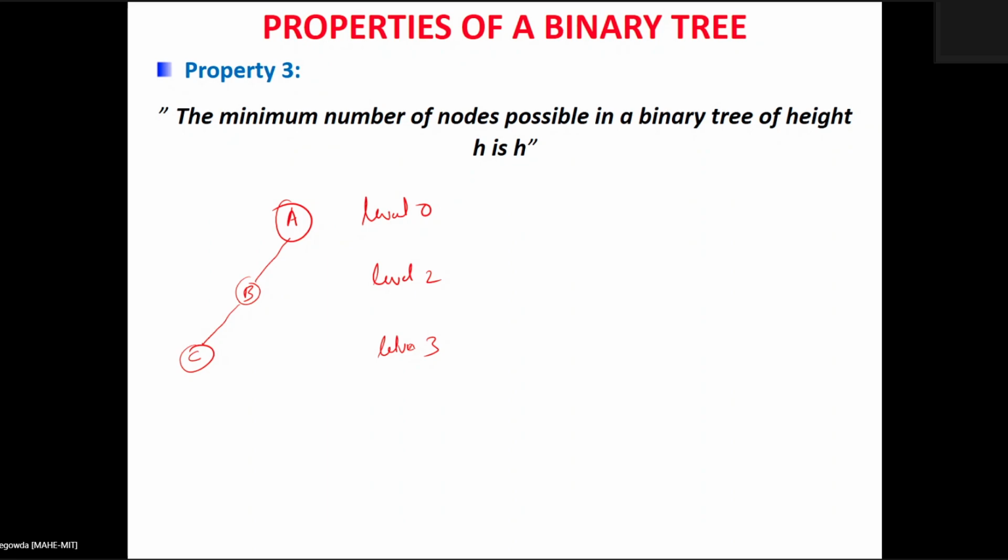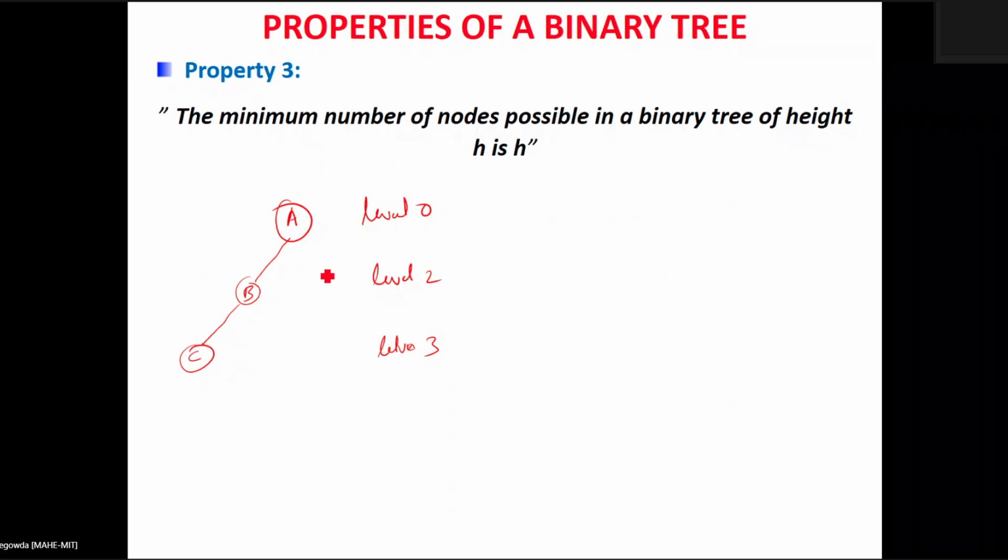We have seen about skewed binary trees. We have two types: a right skewed binary tree or a left skewed binary tree. If you want to find the minimum number of nodes possible in a binary tree of a given height, each and every parent should have only one child. This tree can grow to any level.